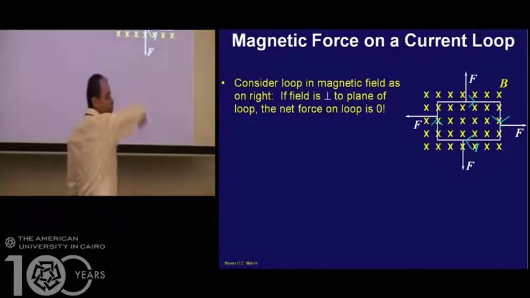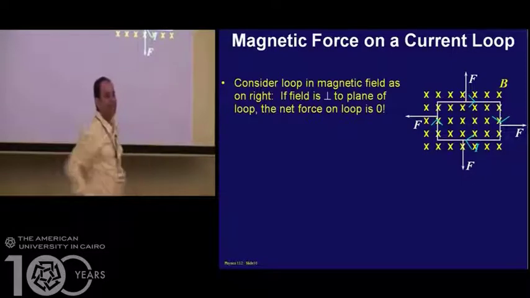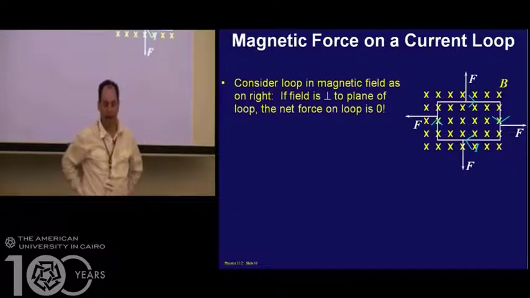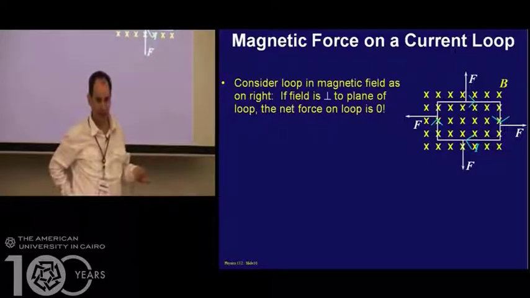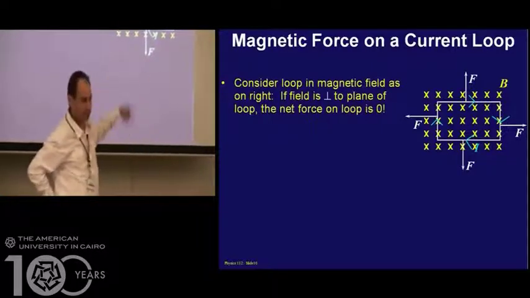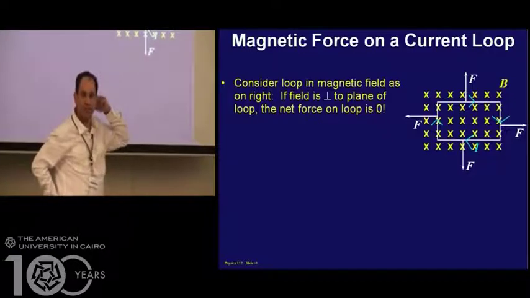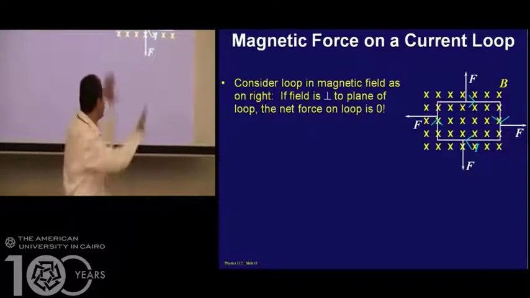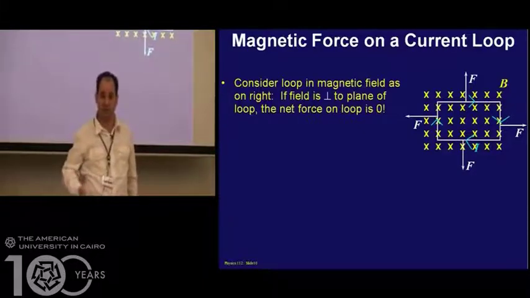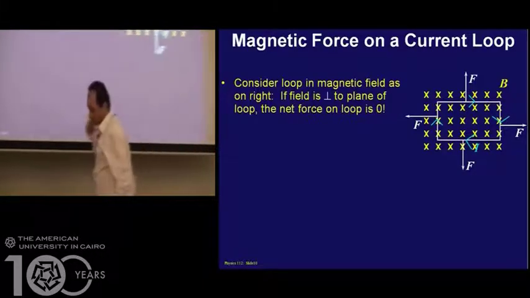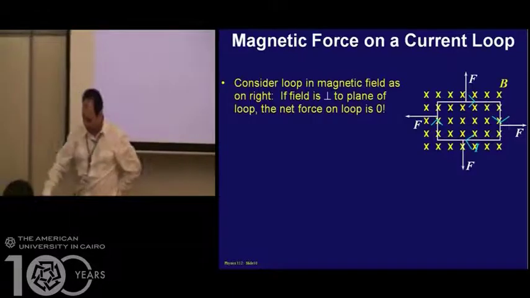It's down. What is the magnitude of that force? I L B. Two equal forces in opposite directions. They cancel out. So the forces on the top and the bottom segments cancel out. How about the two side ones? Same thing. Same magnitude, opposite direction, you get zero force. So the net force here is going to be zero.